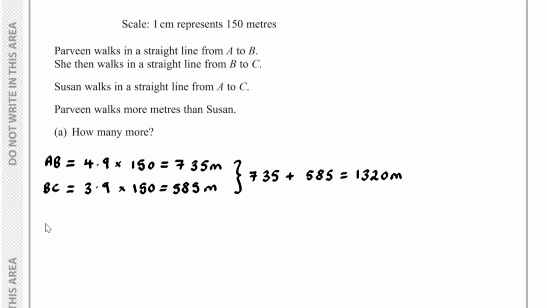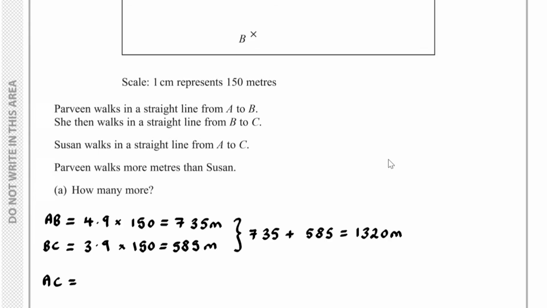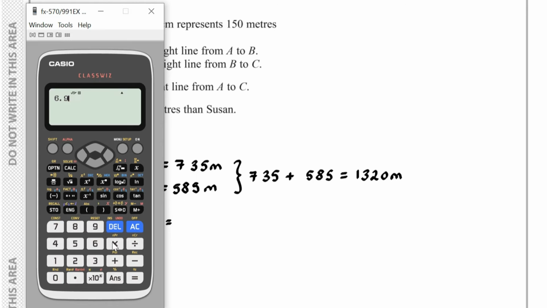Now, let's find out what AC is. AC is 6.9 centimeters. So I need to do 6.9 multiplied by 150. So that's 1,035 meters.